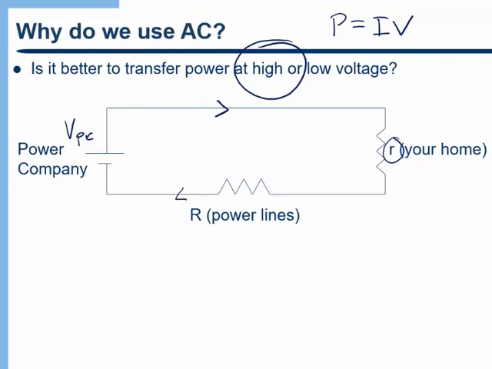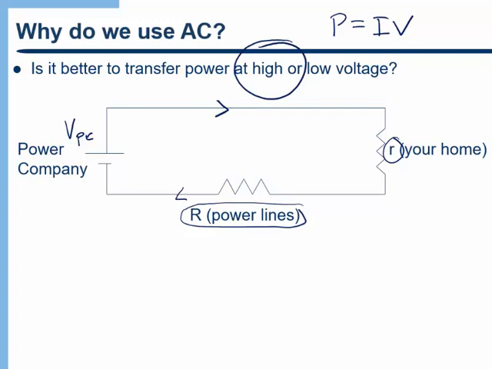Now, because the power company is far away from where we live, we can't assume that the resistance of our power lines is 0. It's not. So we're modeling this as thinking about it like there is a series resistance of capital R. That's the resistance of the power lines.